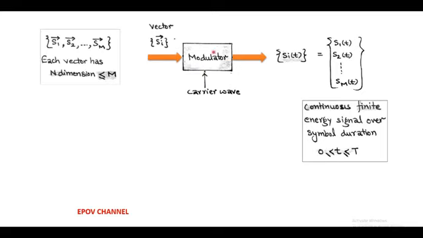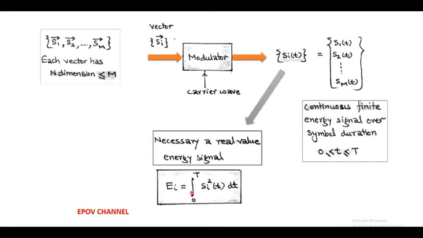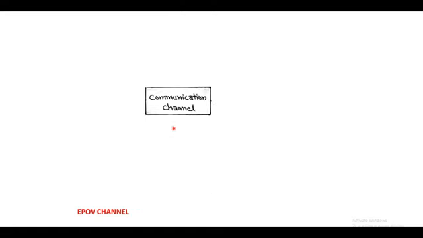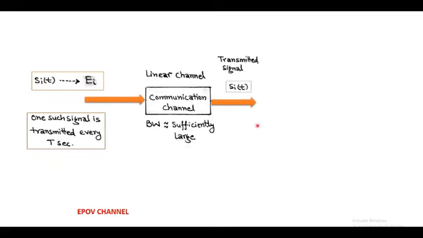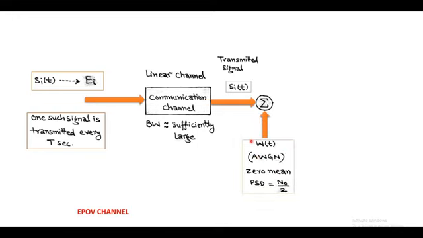Now, the modulated signal, that is Si(t), is necessarily a real-valued energy signal, and it is represented by the expression Ei equals integration of Si(t) squared dt, taking integration limits 0 to capital T, for i equals 1 to capital M. During transmission through the channel, only one signal of Ei is transmitted per T second, and here we consider a linear channel with sufficiently large bandwidth, so the transmitted signal Si(t) gets added with the noise W(t), called additive white Gaussian noise, which has zero mean and power spectral density of N0 by 2.